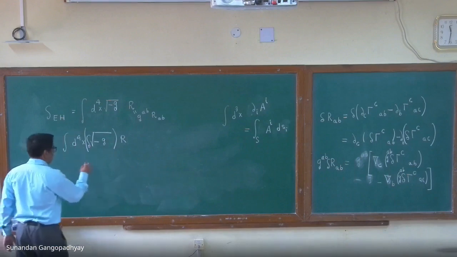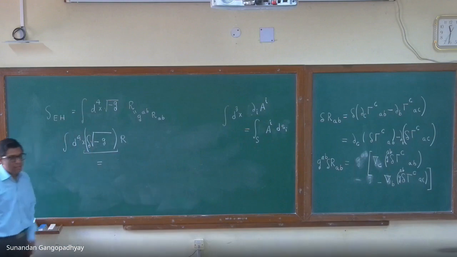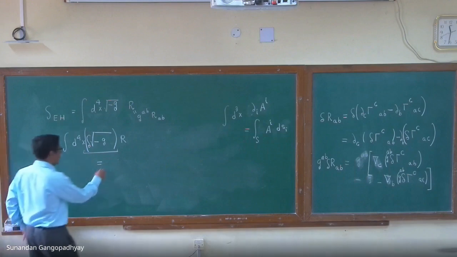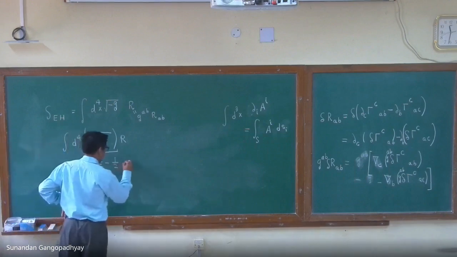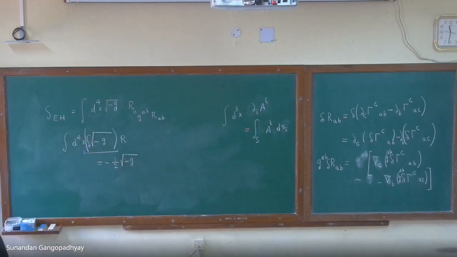The assignment that I give you, this is the fifth assignment. Please show that the variation of this square root of minus g is minus half square root of minus g, g_ab, delta g^ab.